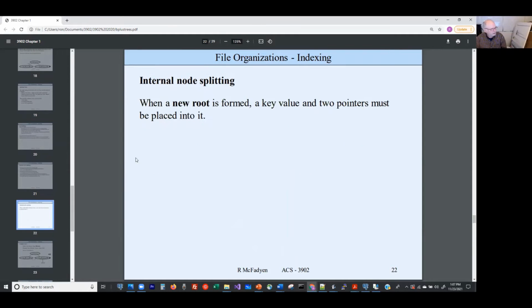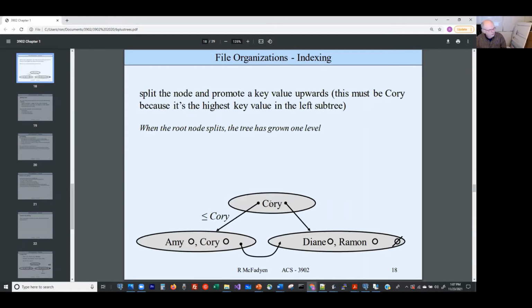On the next slide, we have when a new root is formed, which is just the situation that has happened, a key value and 2 pointers must be placed into it. And so the key value is Corey, and the pointers are to the 2 leaf nodes. Corey has a reference to the left sibling and a reference to the right sibling.